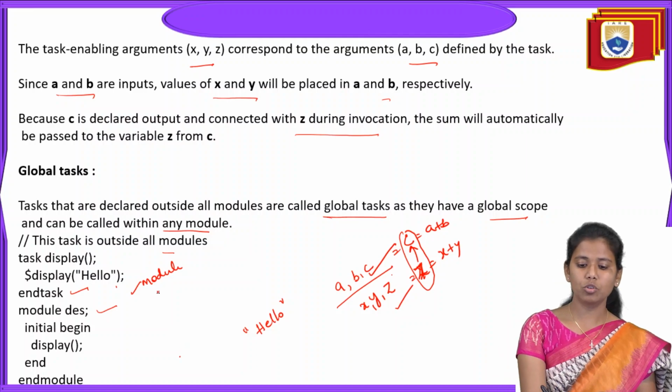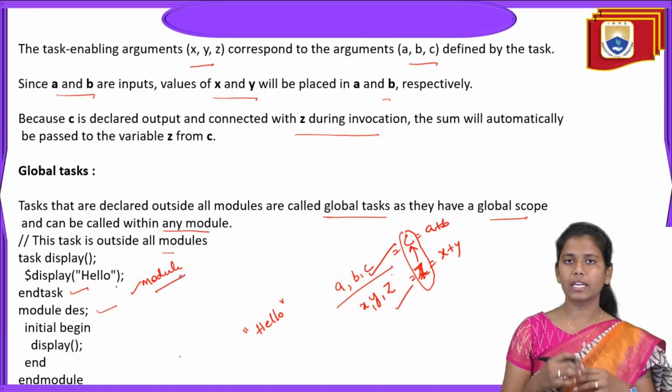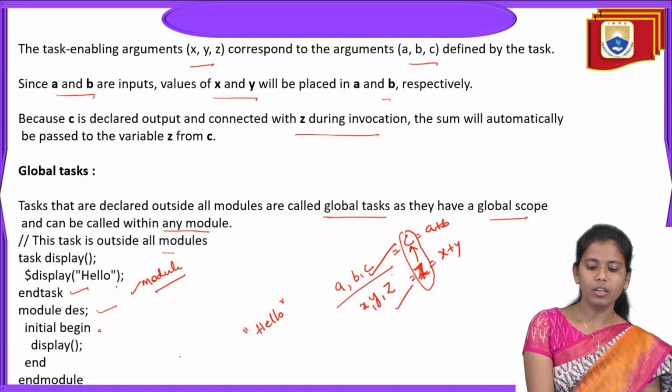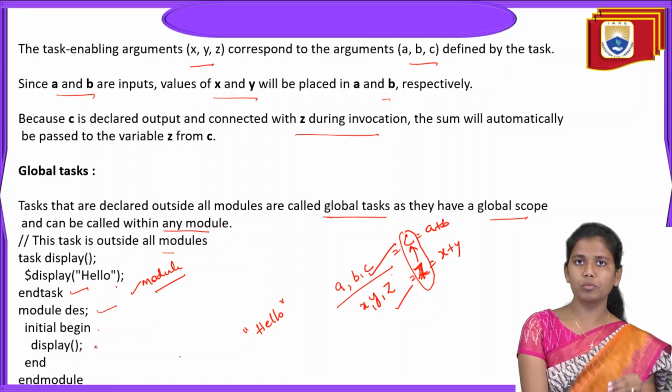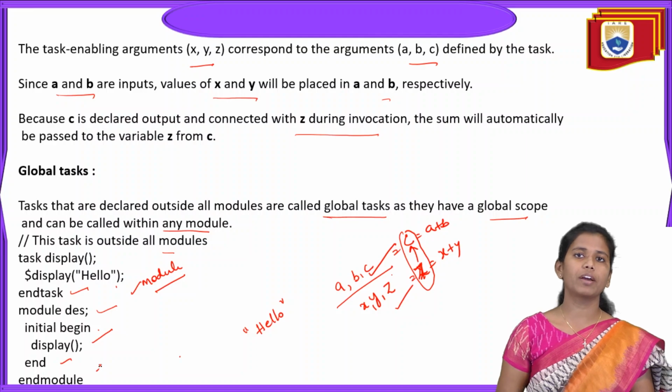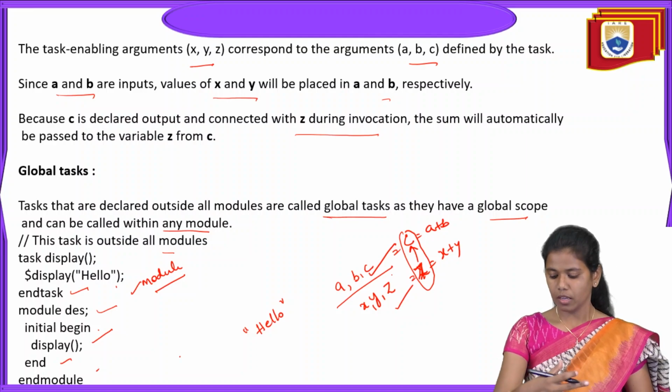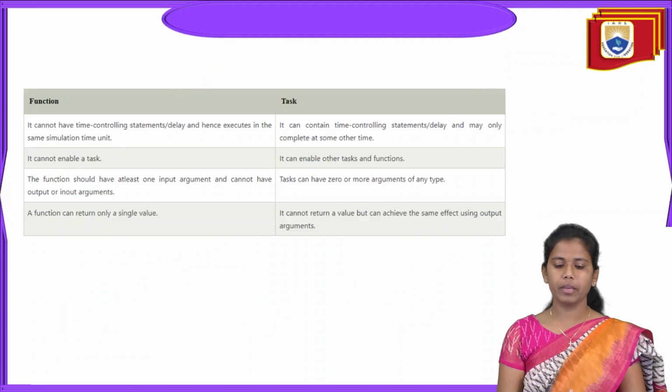So here there is no need to mention the keyword module. Directly we can go with the statement saying hello, and then module, initial begin, and our foremost task is to display the word hello, display end, and then finally endmodule. Okay, this is how the code for the global task can be written.